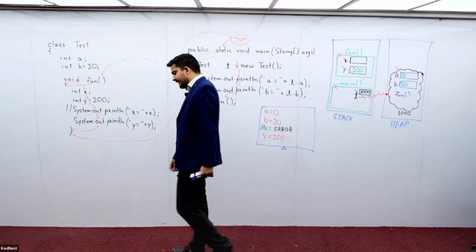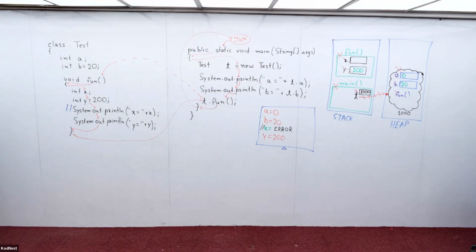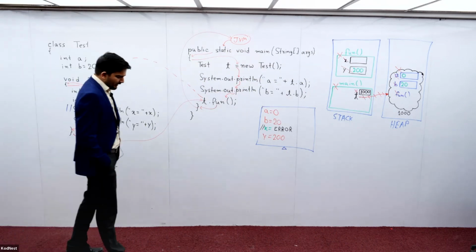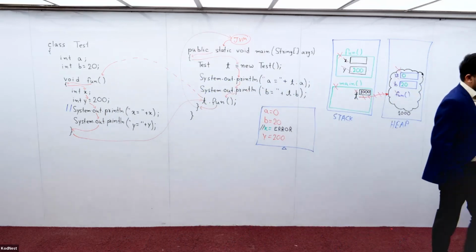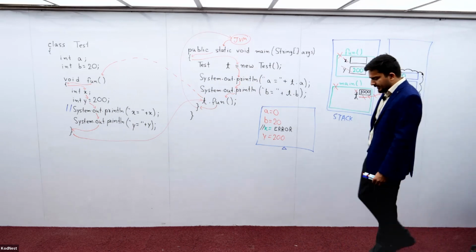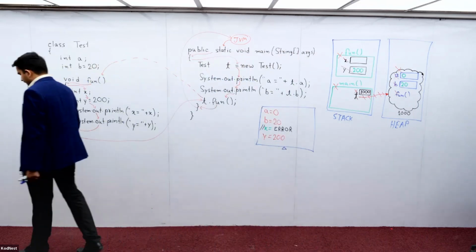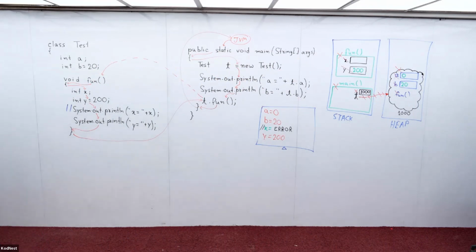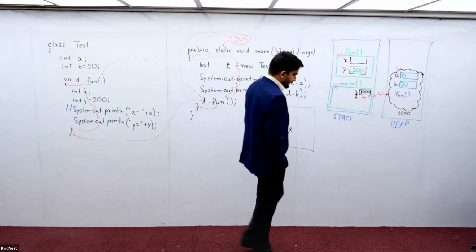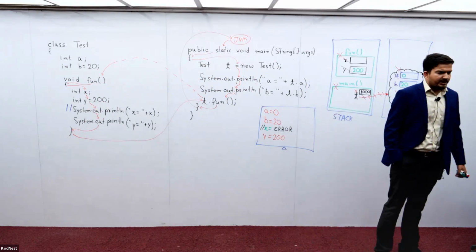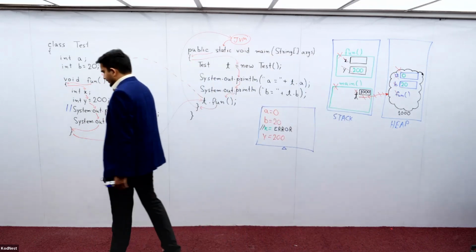On the instance variable side, please write: instance variables are allotted default values based upon their data type.